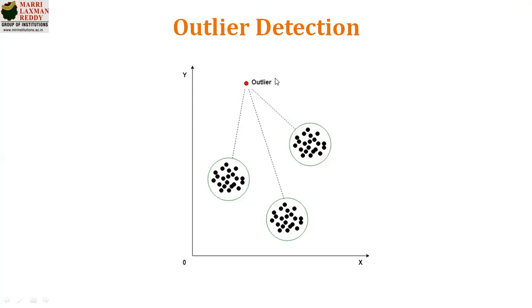From this picture, we can easily say that whenever any point does not belong to a particular cluster, or deviates from the actual path of the data points, it is considered as an outlier, right? So an outlier is a point which is deviating from the actual data points. Okay. I hope this picture is clear to everybody, and you can easily understand what an outlier is, right?